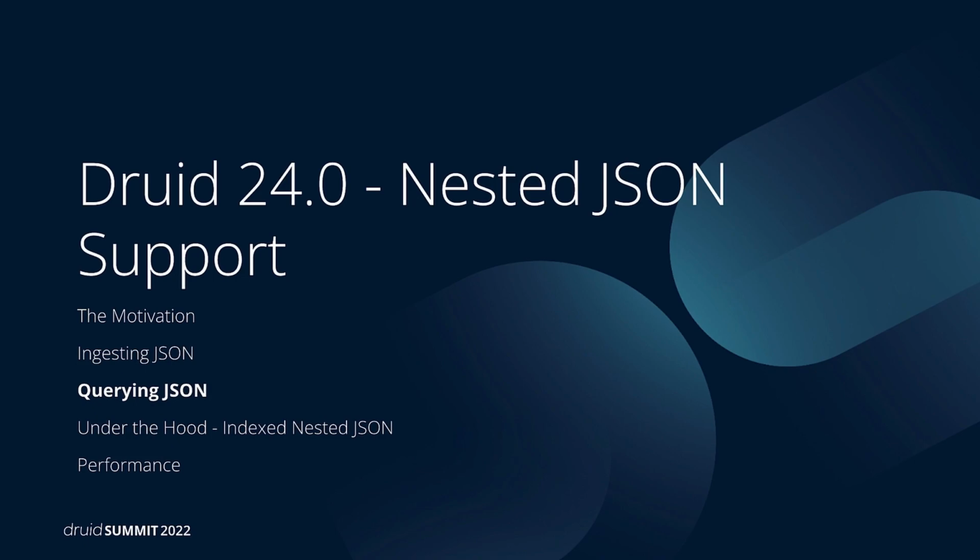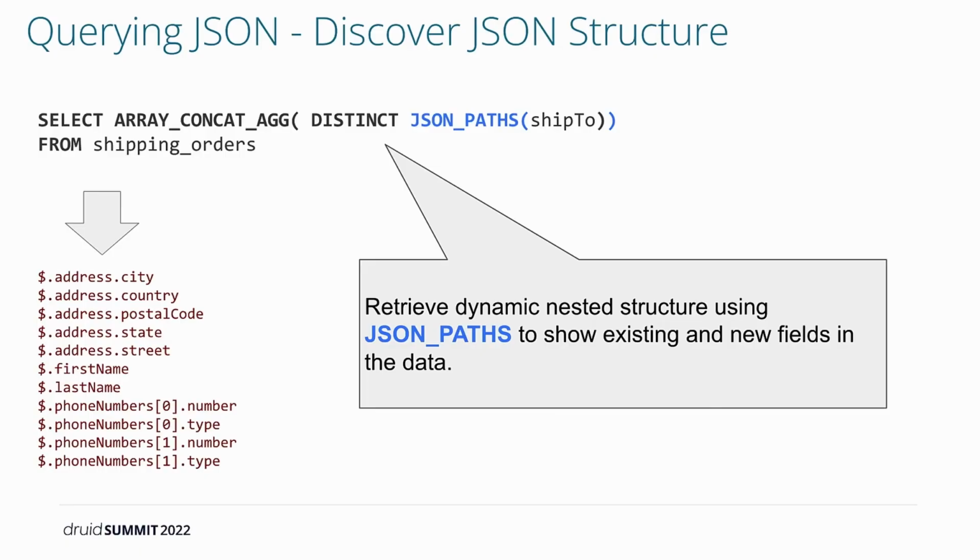Now let's talk about querying JSON. So first of all, because these JSON fields that we've ingested are dynamic in nature, we don't necessarily know all of the internal fields in them, right? You may be ingesting a set of files and the structure of those JSON objects changes over time. So in order to inspect the JSON and figure out what fields are available, you can use the JSON paths function.